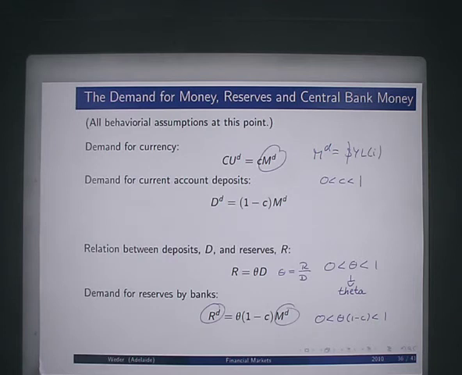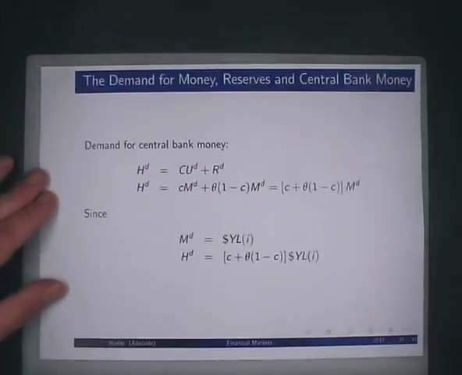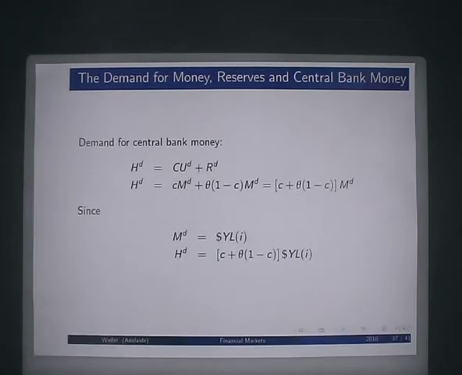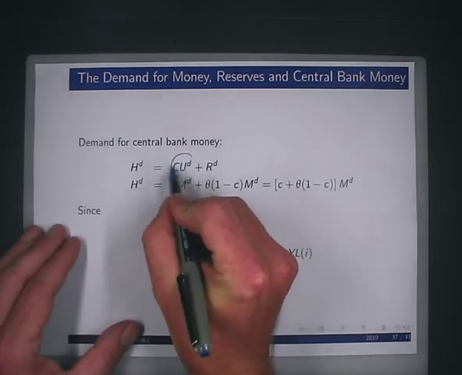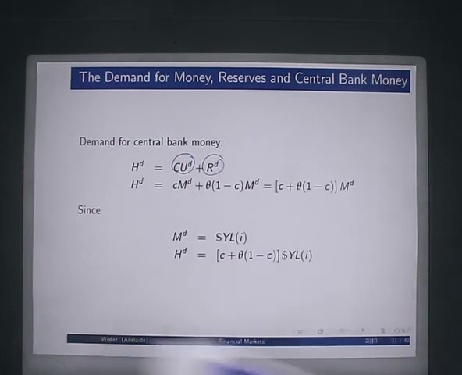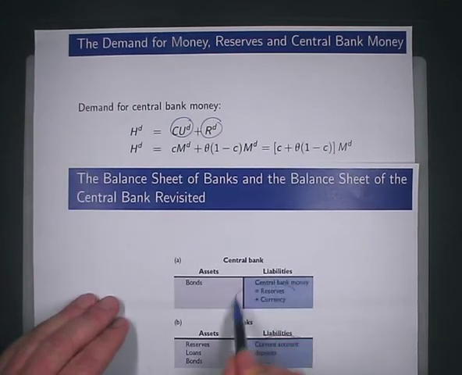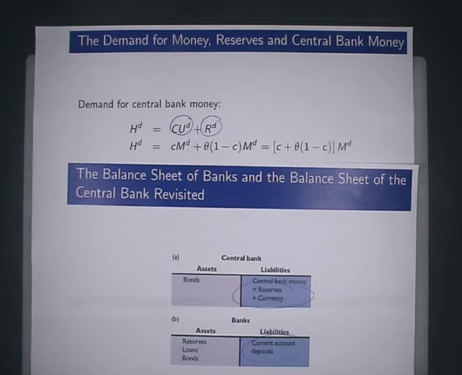Okay, almost done. Now let's look at the demand for central bank money overall. That's simply the currency and the reserves. If we go back to our central bank T account, the central bank money is simply the sum of the reserves and the currency.